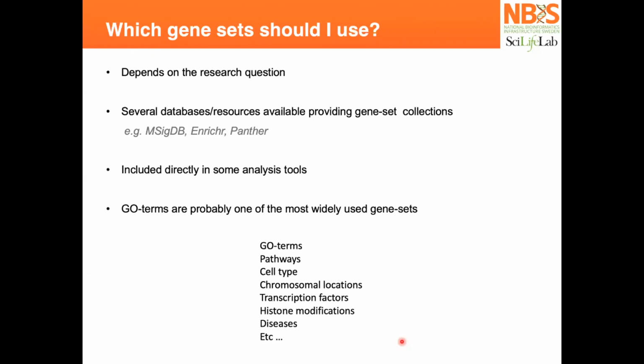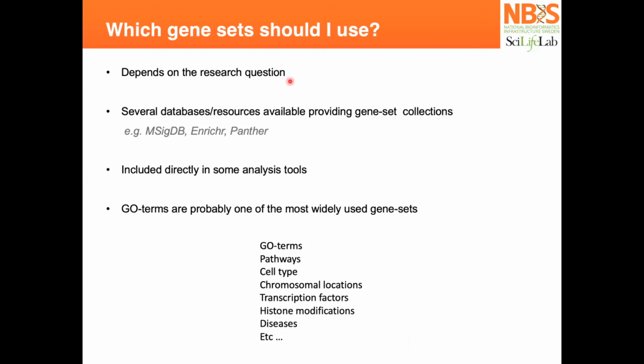But that is used for the hypergeometric test that I'll talk about soon. And then there is another method where you don't have any filtering, you just put everything into the method. I think I will answer your question in a couple of slides, regarding which method you can use and how you can filter that. Yeah.